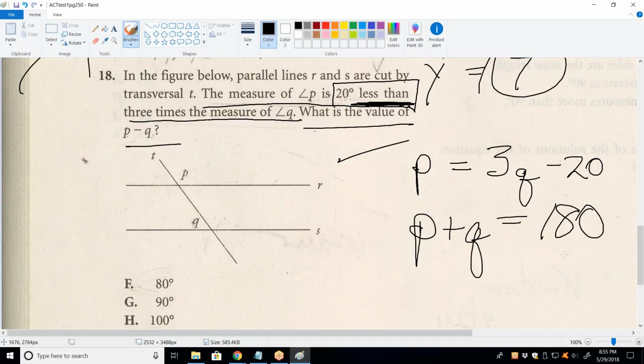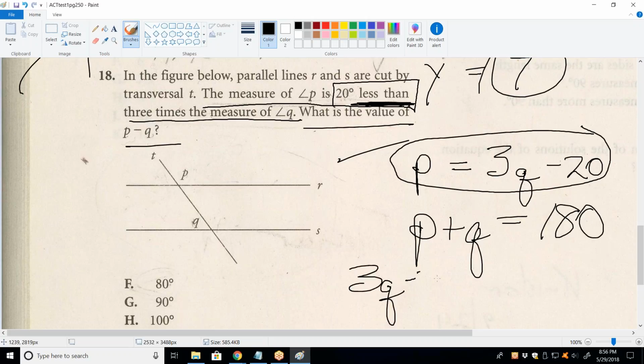We're going to solve this using substitution or elimination? I would do substitution, because one of them is fully defined. So I'm just going to take the second one, and wherever I find P, I'm going to substitute 3Q minus 20, plus another Q equals 180.